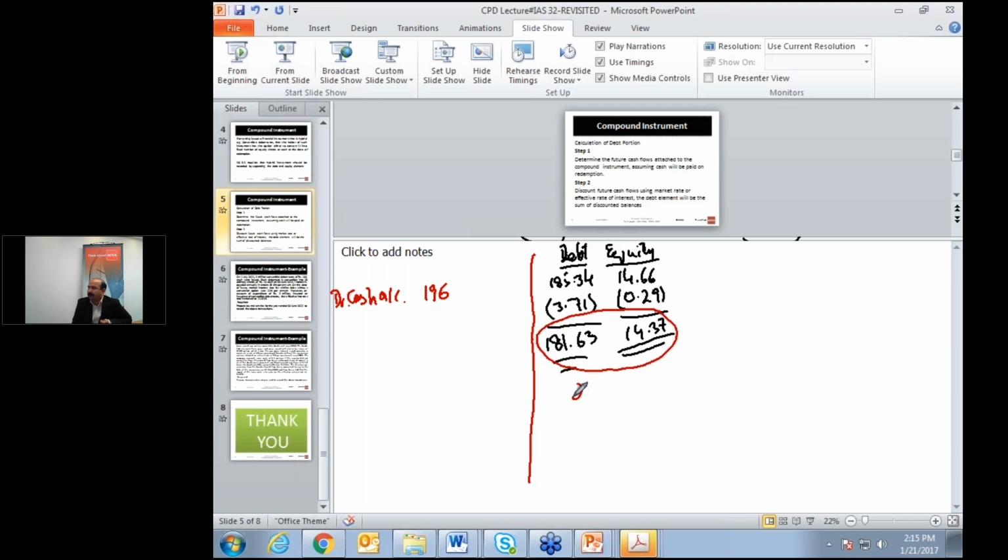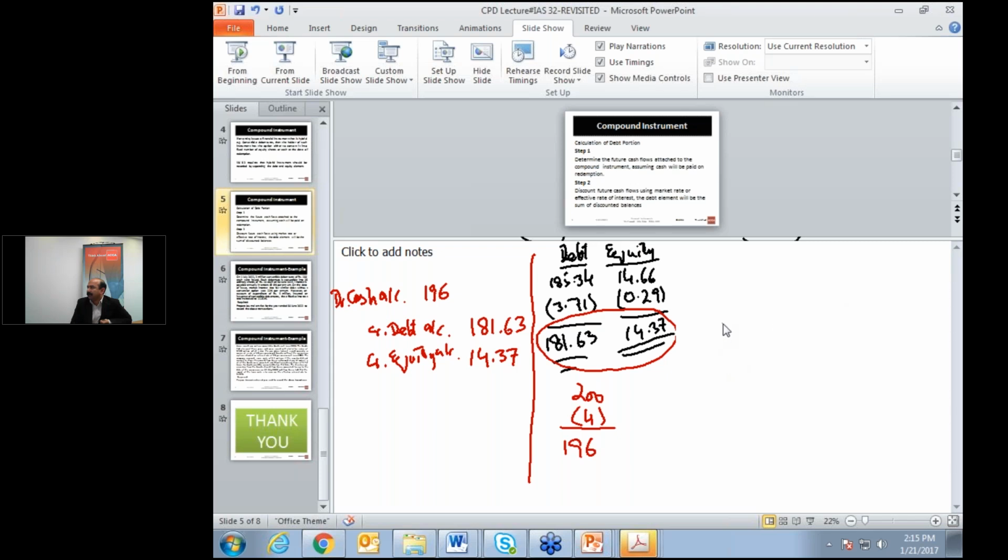When you reduce 200 by 4 million, this will give you 196. This is the amount which you actually received. Credit the debt or financial liability account with 181.63 and credit equity with 14.37.